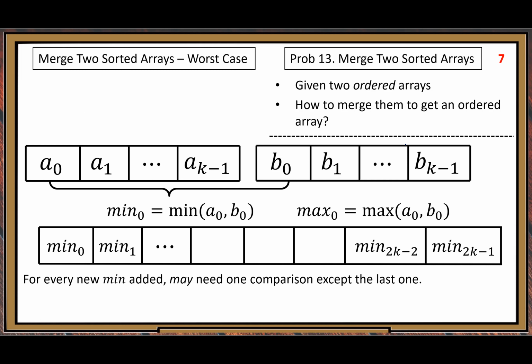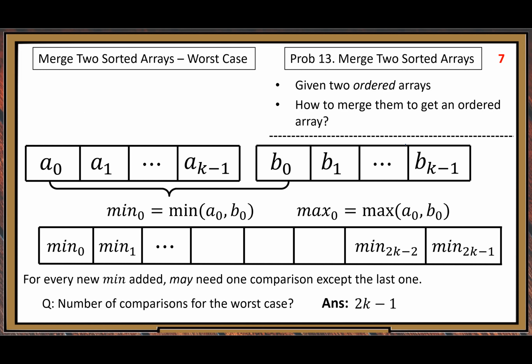So for the worst case, 2k minus 1 comparisons are needed. We have a total of 2k elements, but for the last one we do not need any comparison, so the total number of comparisons we need is 2k minus 1.